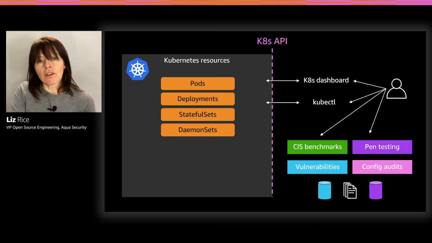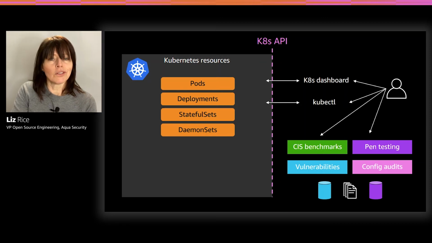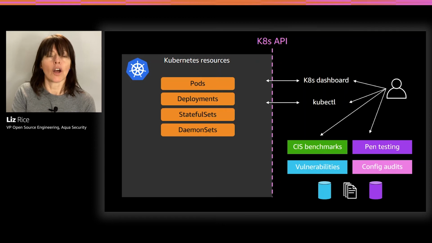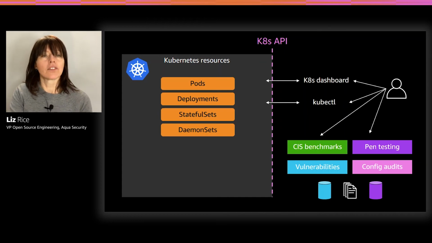So we thought it would be pretty great if the user didn't need to learn a whole new set of security tools to get hold of this kind of information about their Kubernetes resources. What if we could make the security reports into Kubernetes resources too, so that it's all accessible over the same Kubernetes API?